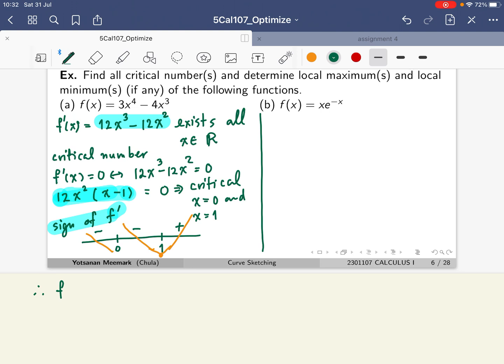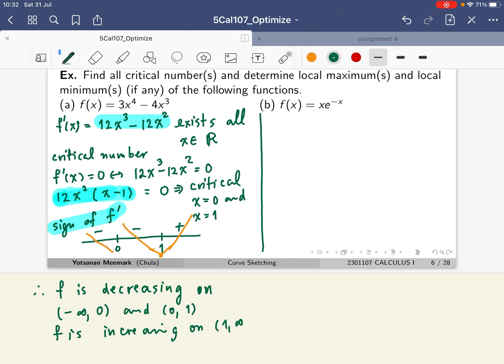actually you can determine that your f, let's do it the long way. Your f is decreasing on which interval? On the interval from -infinity to 0 and 0 to 1, and your f is increasing on the interval from 1 to infinity.